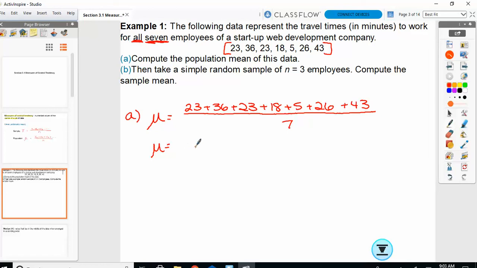Let's round to 1 decimal. Got 24.9 minutes. Make sure if you put this in your calculator, you put parentheses around the top before you divide by 7.